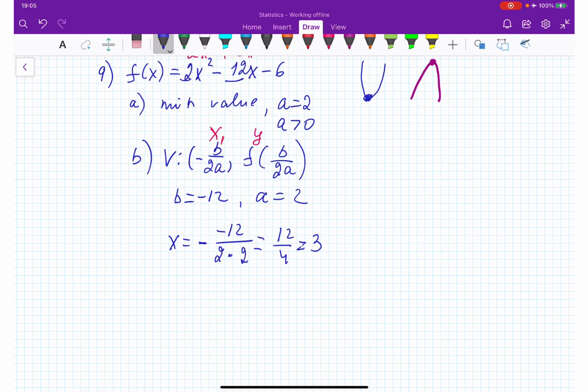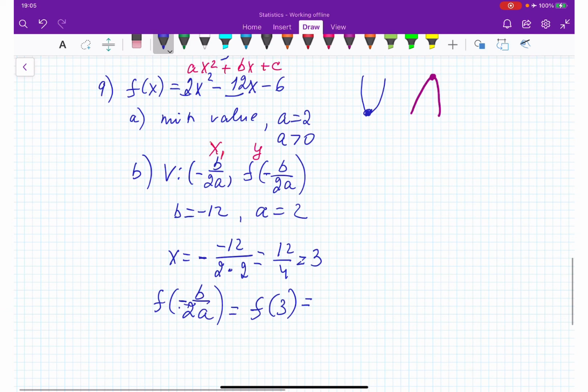And y, which is f of negative b over 2a, is going to be equal to f of 3, because it's the value of x, right? Plugging in this 3. Okay, let me write down the original problem. So it's going to be 2x squared minus 12x minus 6, where we are going to plug the value of 3.